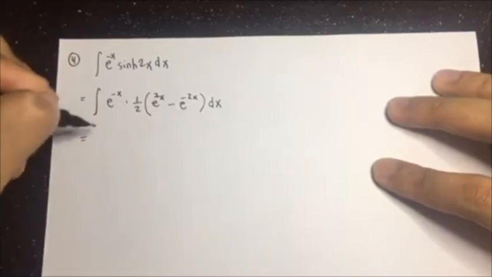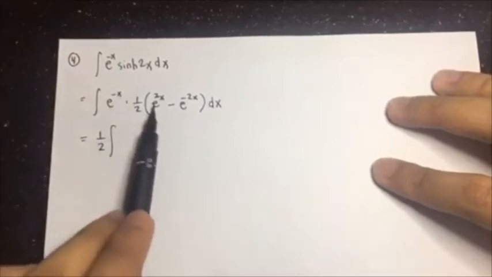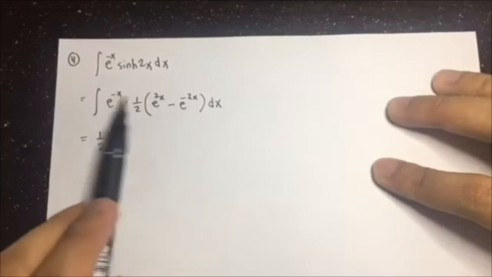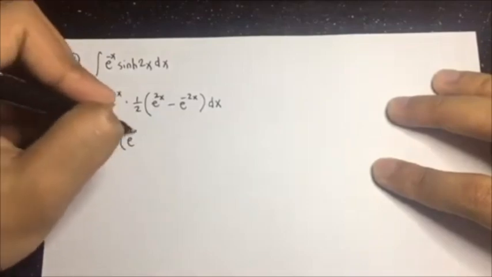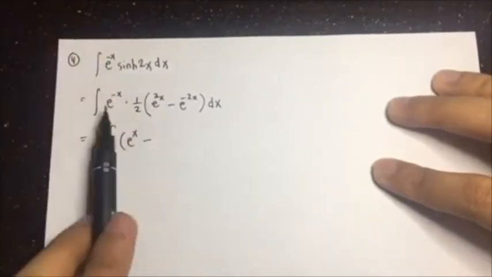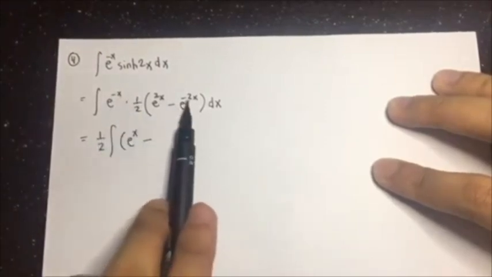So we will have 1/2 integral of e to the negative x times e to the 2x. With the same base, all we need to do is add the exponents, negative x plus 2x, so that's e to the x, minus e to the negative x multiplied by e to the negative 2x.